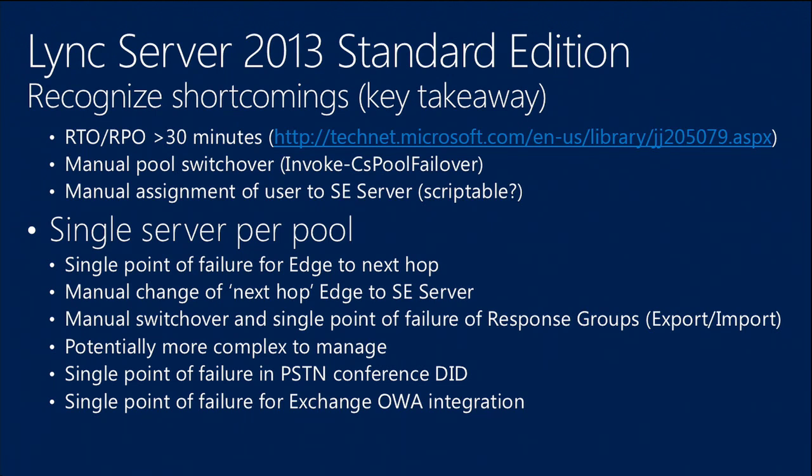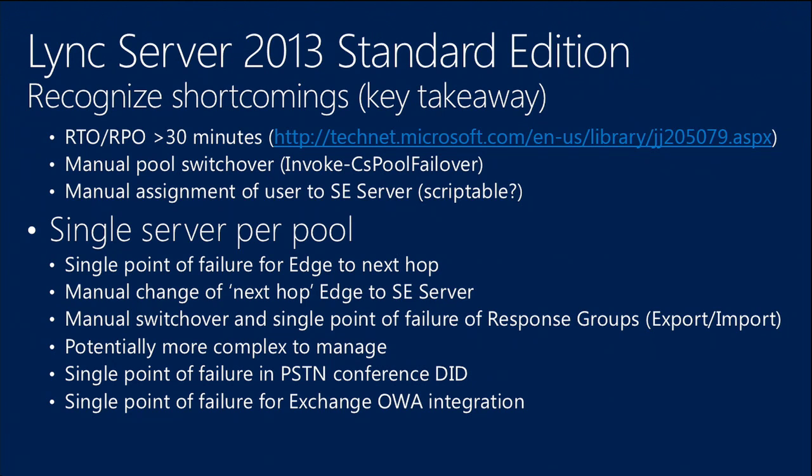The target or the design guidance we used was 30 minutes, and so obviously it will take some time for you to determine that there's an SE pool failure in your organization, and you'll have to go and execute the Invoke-CsPoolFailover cmdlet that Ewan has executed for us, and then have those users activated on their backup pool. That's some time. During that time period, they operate in resilience mode. We had the slide a few slides ago to call out what that functionality is for end users.